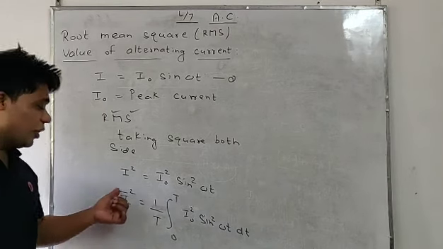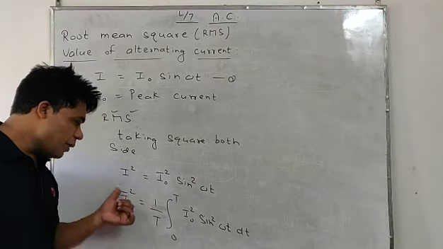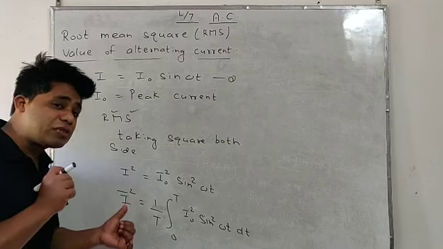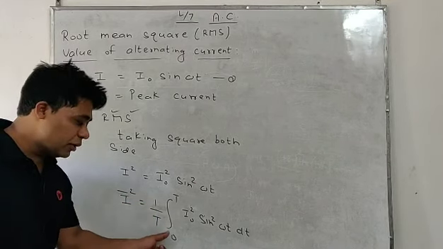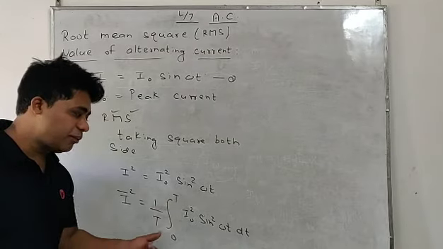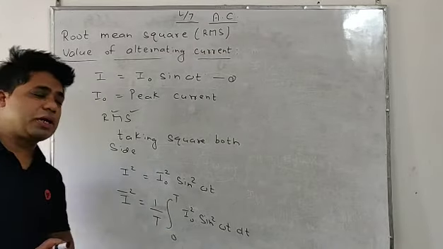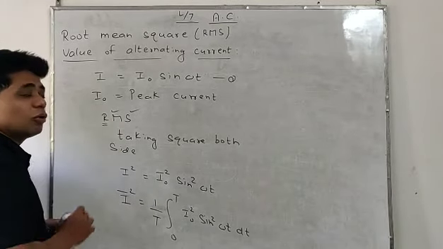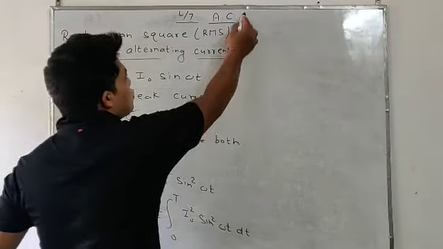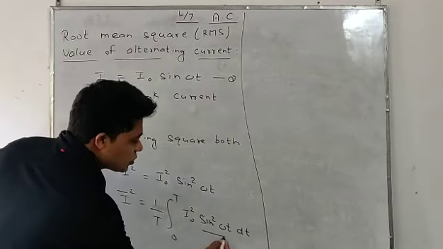For getting the average we wrote I bar square, the average value of current, using the formula 1 by T, limit 0 to T, meaning a full cycle, I naught square sine square omega t dt. Now students, we will solve these steps first and finally take the root on both sides. So look, this is sine square omega t.